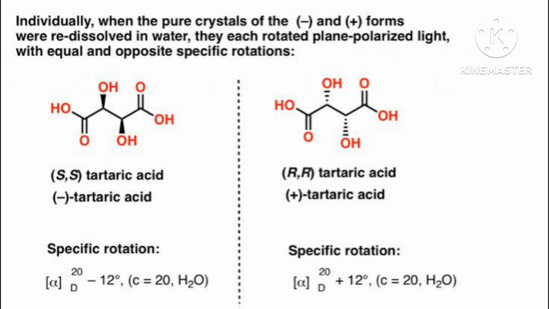Same thing here: OH will look in the front in the mirror also but in the opposite direction, and CH3 and H will look behind in the mirror also, correct.